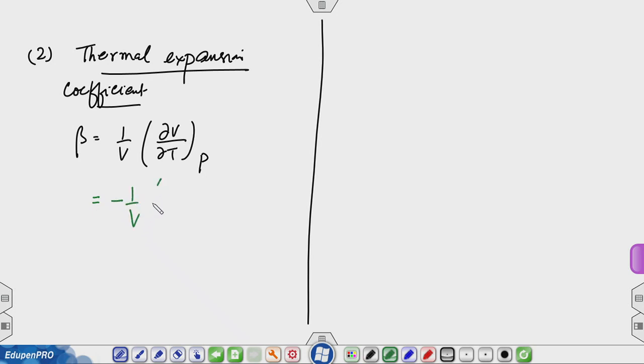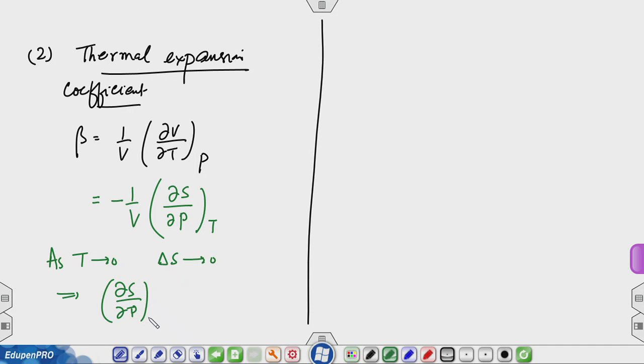This is minus 1 over V dV/dT at constant P is dS/dP at constant temperature. And as T goes to 0, delta S goes to 0, and this implies dS/dP at constant T goes to 0 as T goes to 0. As a result, beta tends to 0 for T tending to 0. So, the thermal expansion coefficient also vanishes as T tends to 0.